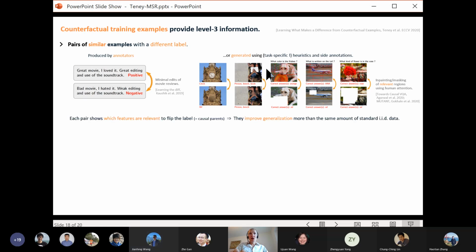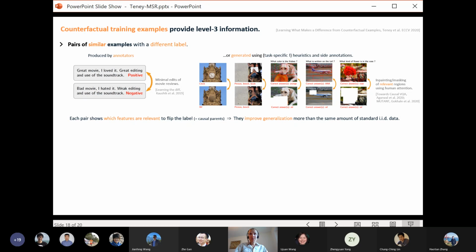So previous work had already used this kind of data for training, but only as additional data. So just like some data augmentation, basically. And it was shown already that for the same amount of data, examples of this type are more effective for improving generalization than the same amount of standard data.